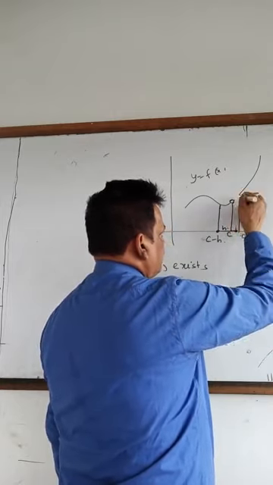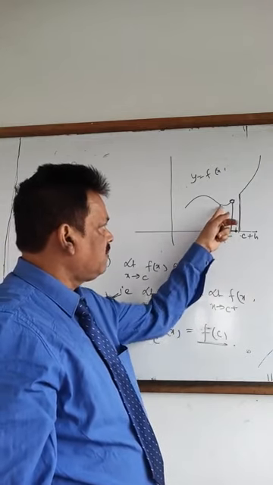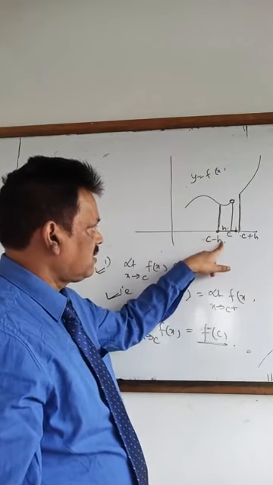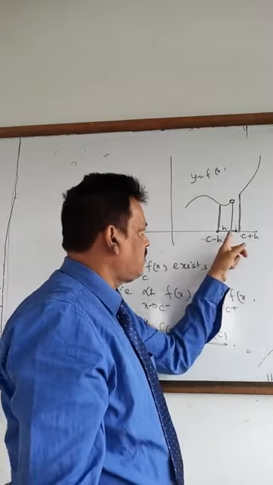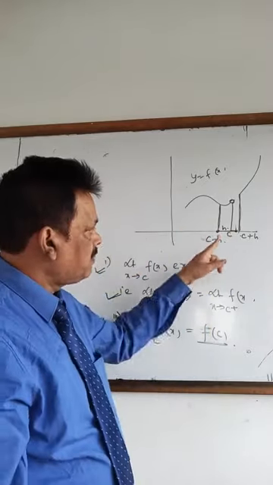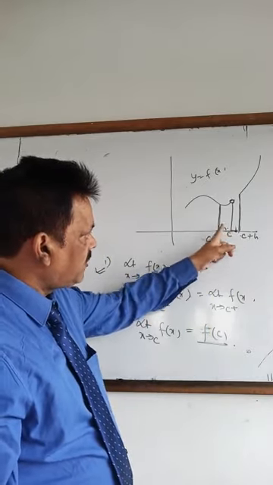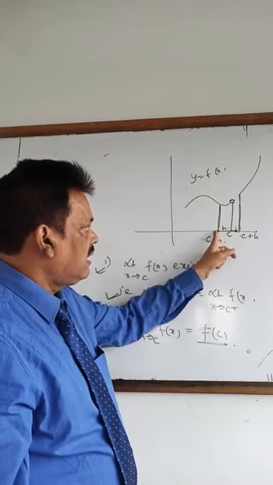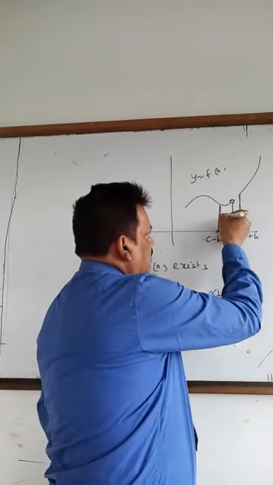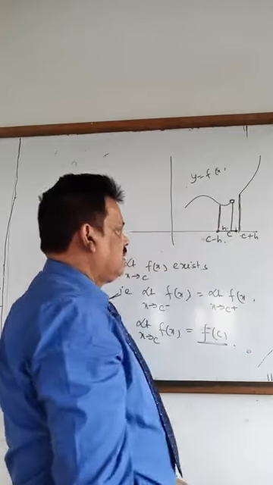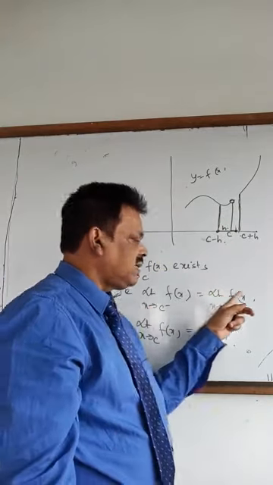So left hand limit means this length. If this length is not equal to this length, then we say left hand limit is not equal to right hand limit. This is the value of left hand limit at which point? C minus h. Means you take a neighboring point to C, a value left of C and right of C. And if you see these two lengths are not equal, then you say the limit doesn't exist.